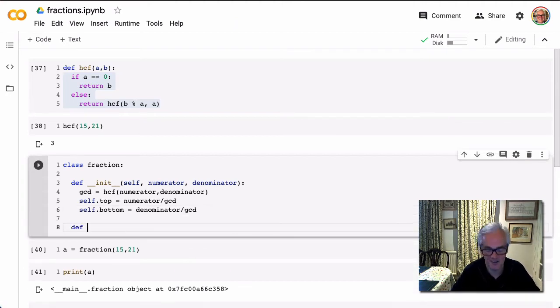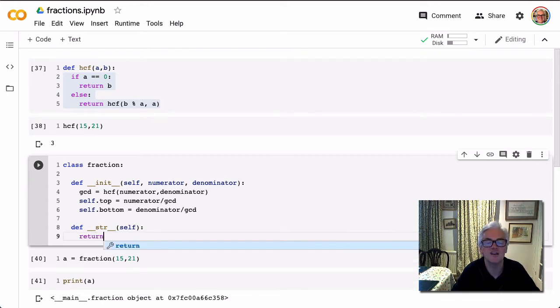So let's have a go at that. And the standard method here is this dunder str operator, which will cast a particular object as a string. That can be very useful, and that's also called by the print function there in Python. So we take just the fraction itself, the self, that particular object, and we define this string operator to return a concatenation.